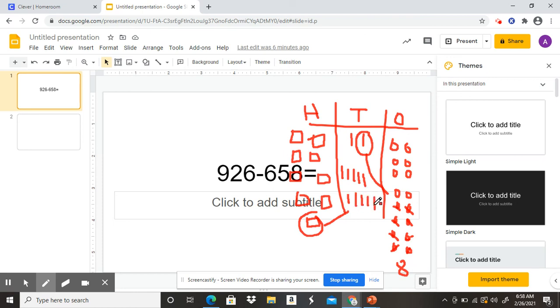Now I can take 5 away. 1, 2, 3, 4, and 5. And what does that leave me with? 1, 2, 3, 4, 5, and 6. Okay, you have to be real careful when drawing these and make sure that you keep up with how many you've drawn and what you've crossed out. Now I can move to the hundreds place. I need to take 6 away. So that's 1, 2, 3, 4, 5, and 6, which leaves me with what? 2.